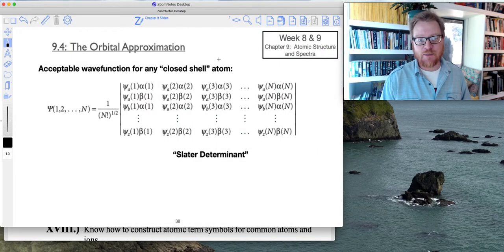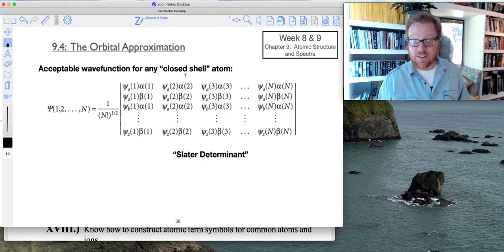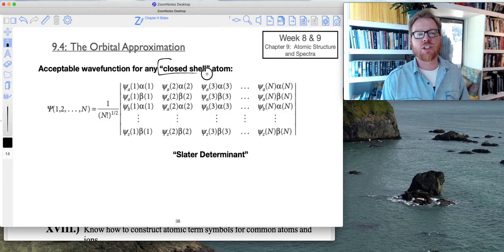Well, this gets intense because now this could be applied to neon, argon, krypton, sodium plus, oxygen 2 minus, any closed shell.